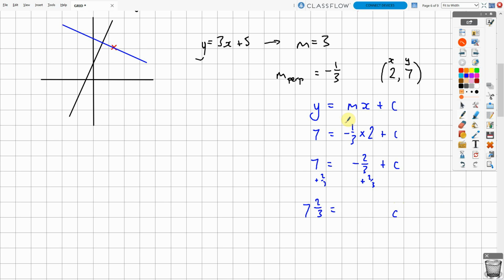And now I can put all this back together, and I can say, well, in that case, y = mx + c, trace it all the way back, m is negative 1/3, so y = -1/3 x + 7 and 2/3.